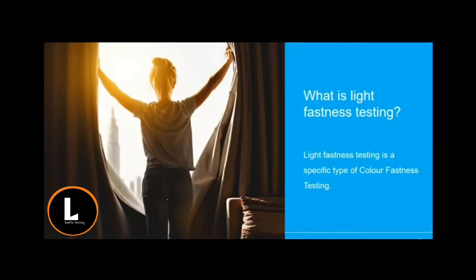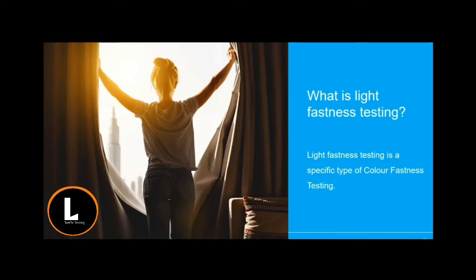Of all the types of colour fastness testing, gauging a material's reaction to light is probably one of the most important. The effects of light can be far more subtle and unpredictable than other textile testing. So it's here that really accurate and reliable testing is crucial.